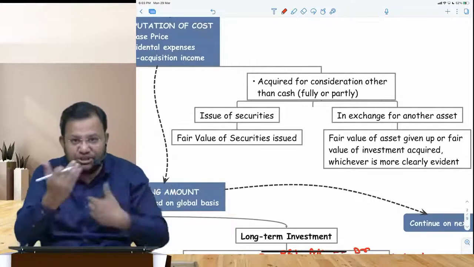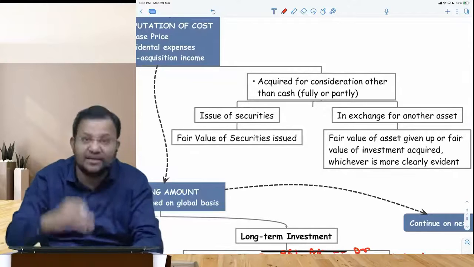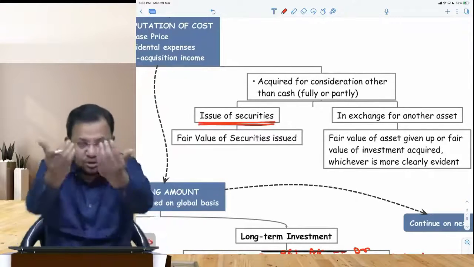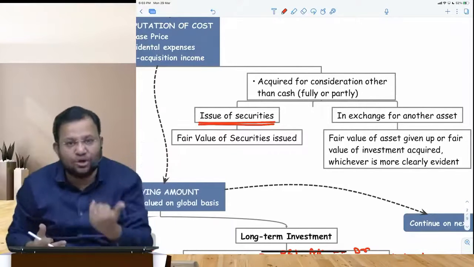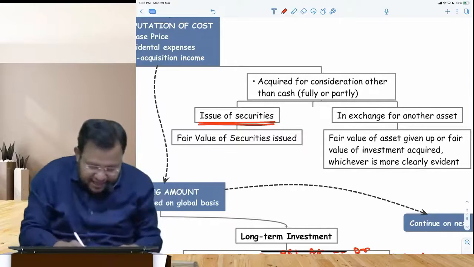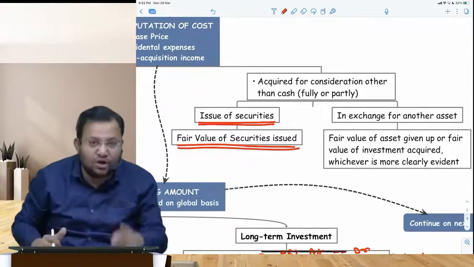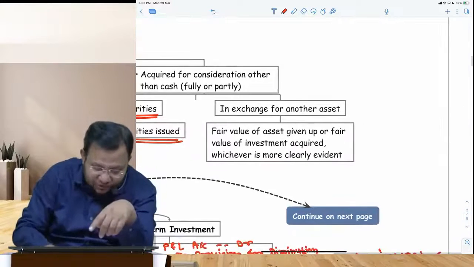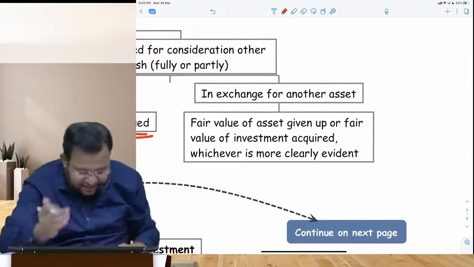But if you have done a barter exchange, you got an investment in exchange for something else, then the right-hand side applies. You issued shares of your company and you got shares of some other company. Then you have to take the fair value of the security issued by you. Like you gave your asset and you took the investment.